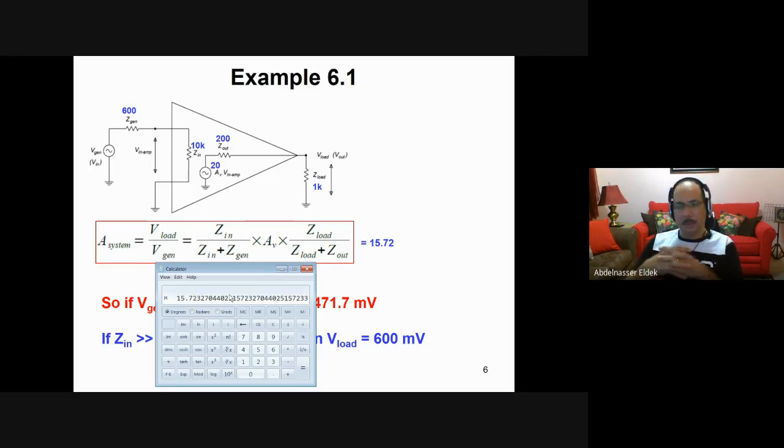So now, what is the amplification? 15.7. So we lost 4.3 because of the loading.